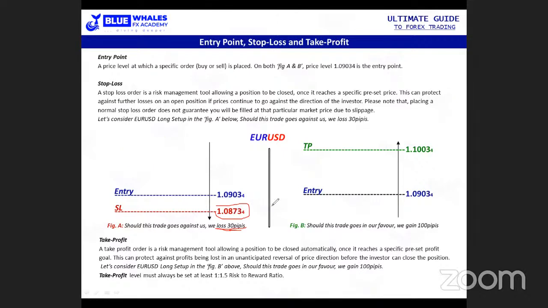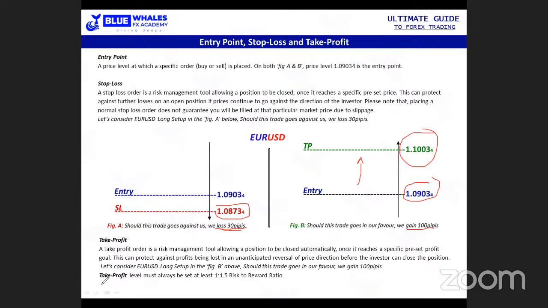On the next one, we talk about take profit, which allows the investor to secure profits. You see that this is our entry and this is our take profit. Should this trade go in our favor upward, we gain 100 pips, which with the minimum lot size is $10. It's very good money.